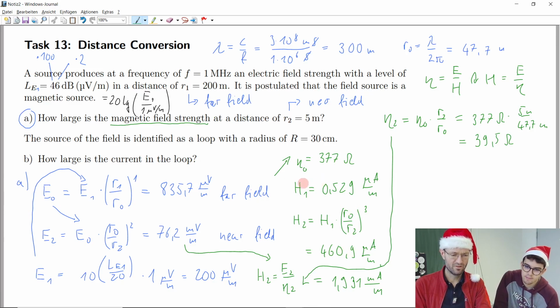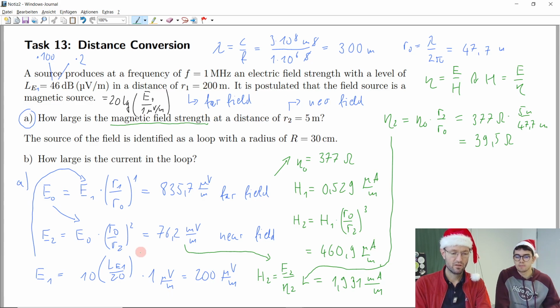And so the problem is with this conversion here. We would need to calculate this intermediate result first, right? So we did the conversion for our original distance of 200 meters.